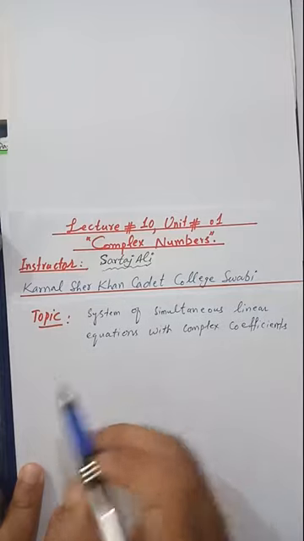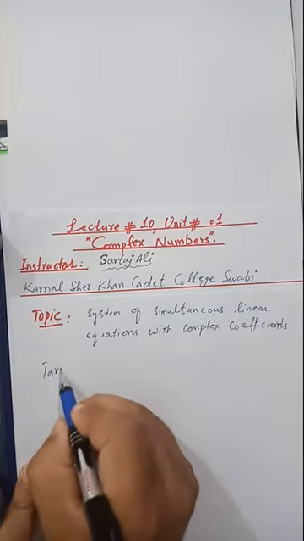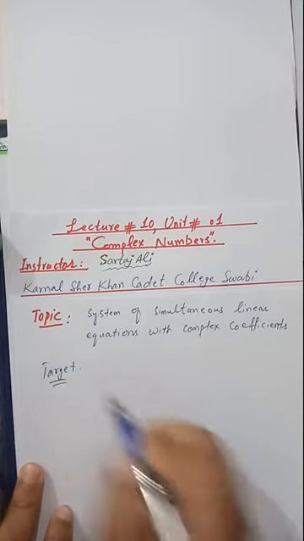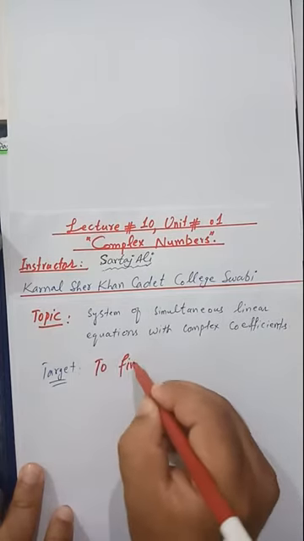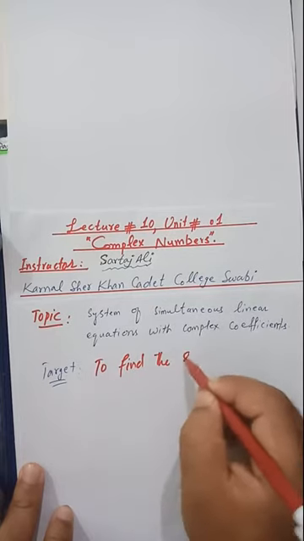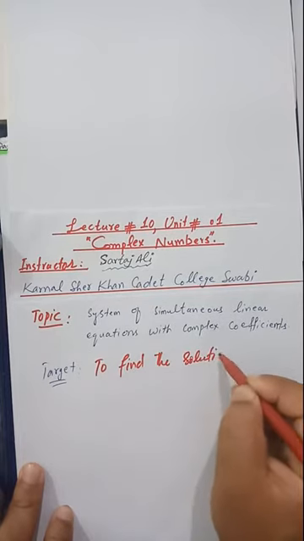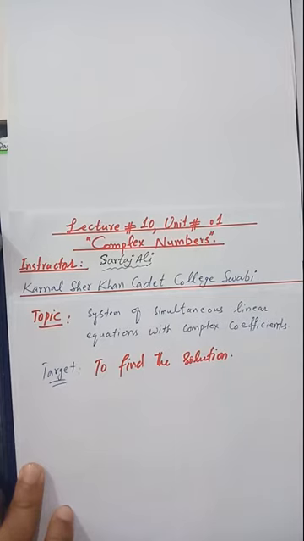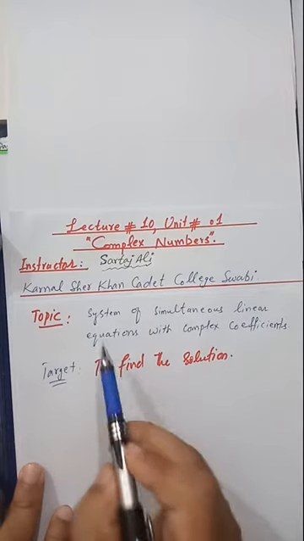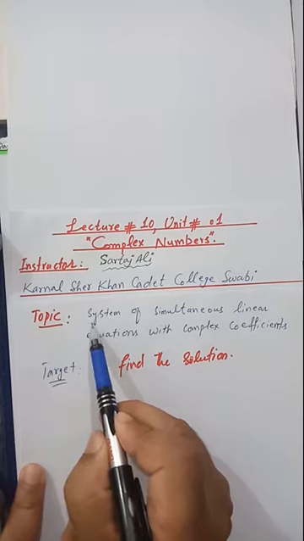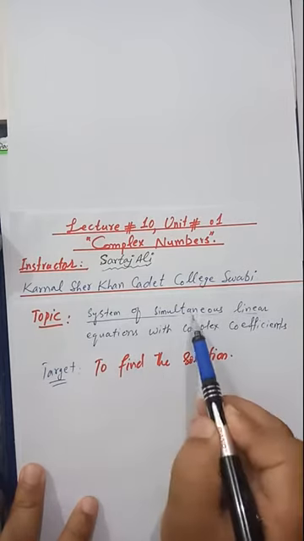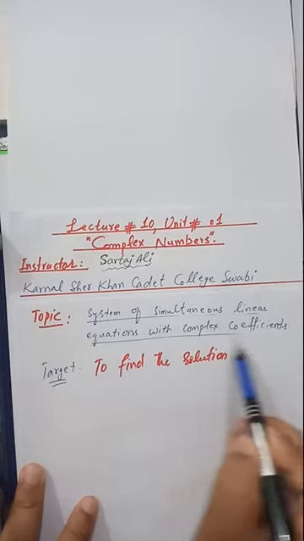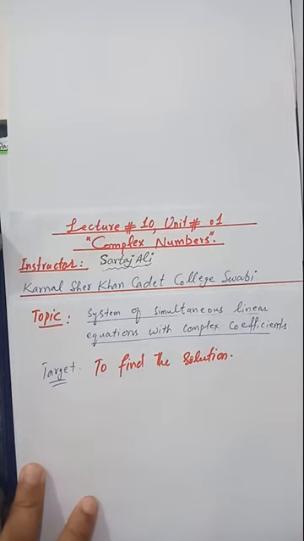So our target in this video lecture is to find the solution of the prior system. How we can find out the solution of the prior system? First of all, we need to discuss briefly what is the system of simultaneous linear equation with complex coefficient.